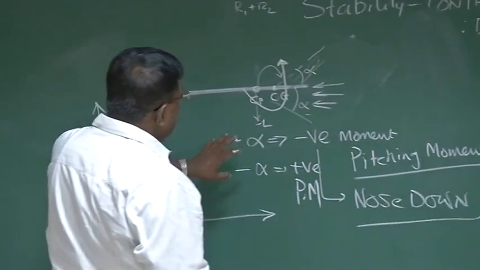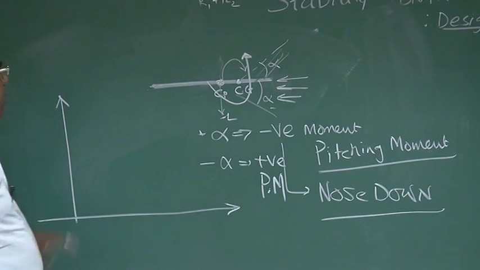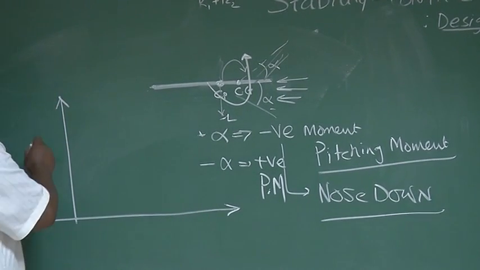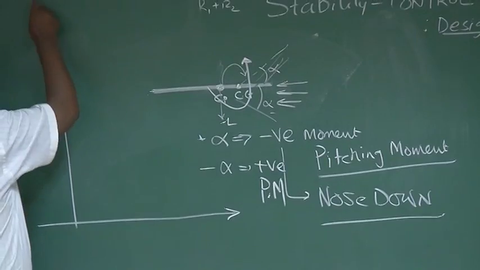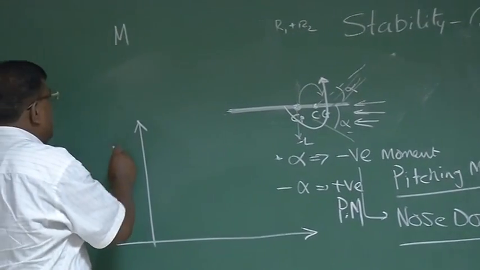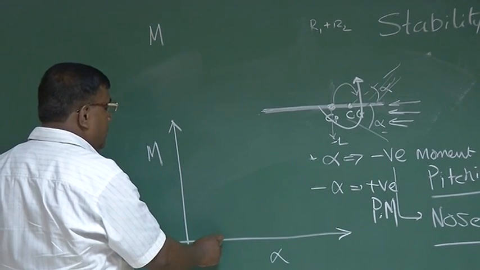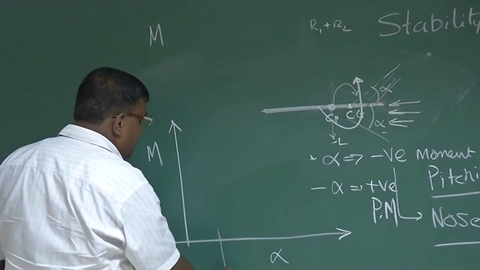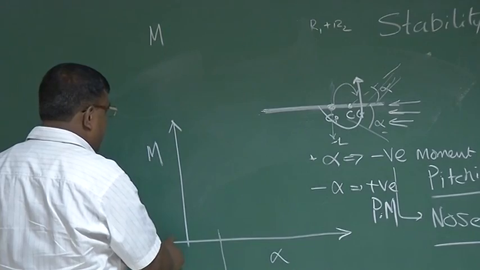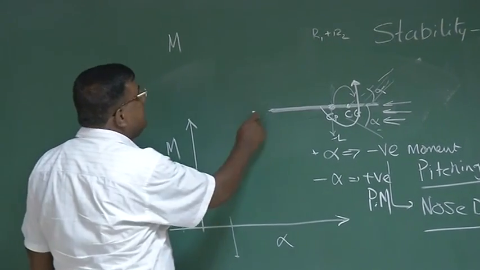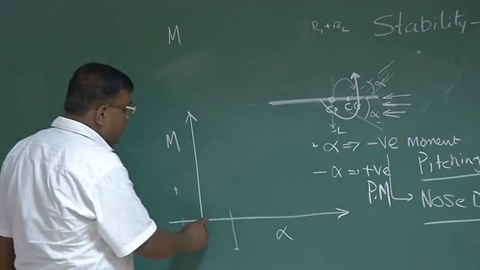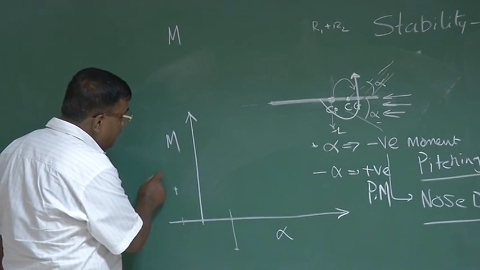If I translate this into a graphical form, what should I write? I write moment here and alpha here. I have seen for positive alpha it is negative, for negative alpha it is positive, and since this is a symmetric plate, at alpha equal to 0 it is 0, so this will look like this.